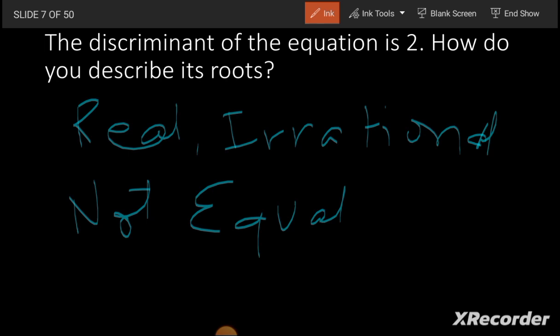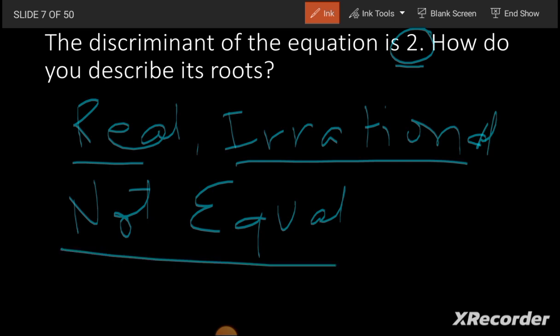So the roots that can be solved from this quadratic equation having a discriminant of 2 are real and irrational, meaning they can no longer be simplified, and they are also not equal.